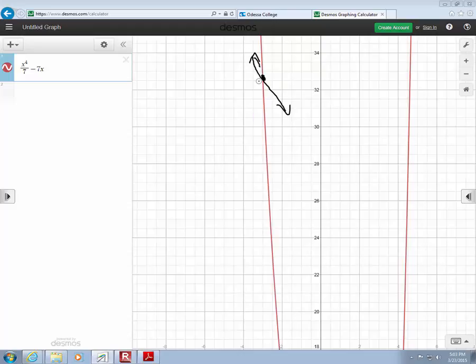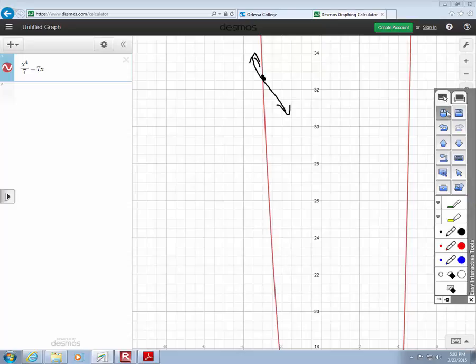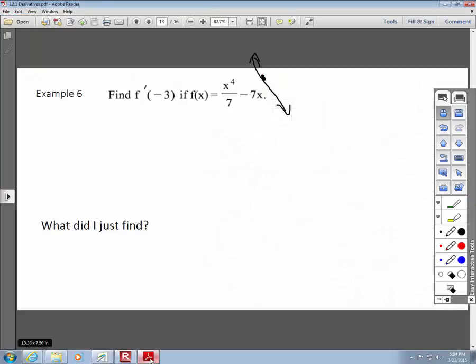What you found was the slope at that point of a line that goes through that point. The line that's tangent to that point is going to be that number that we got, which is what? Hope this is clear. I already erased it.